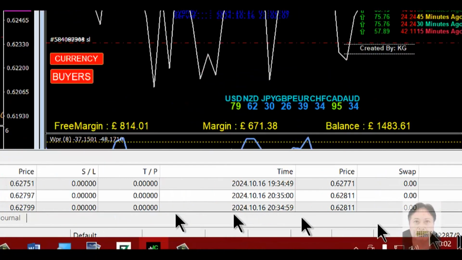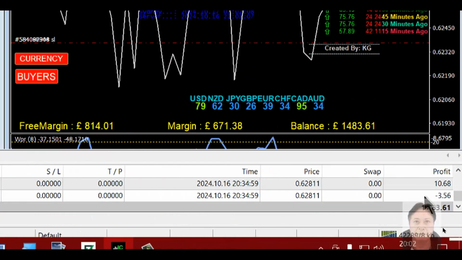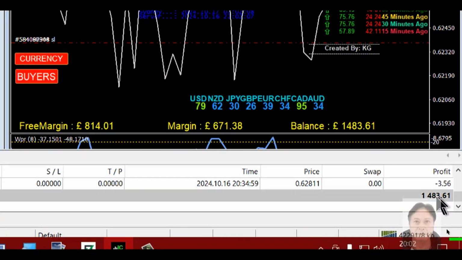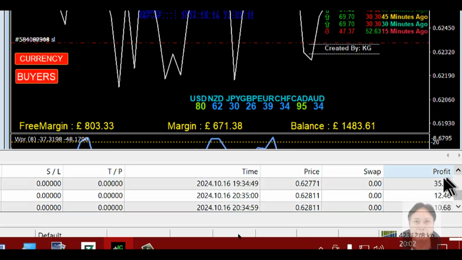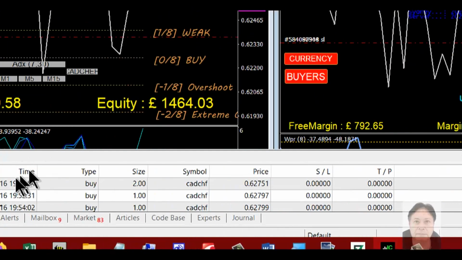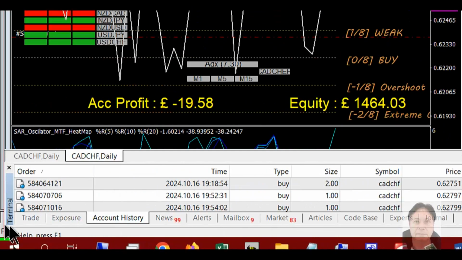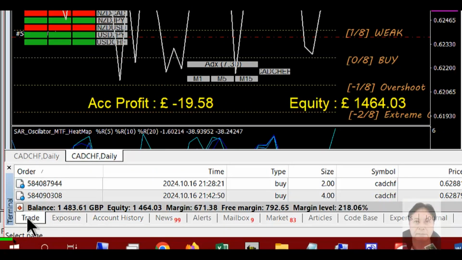Account history, and that was the last balance, 14.83. We lost £3.56 on closing down the earlier one, but we made a profit of $19, if I remember correctly without looking back.